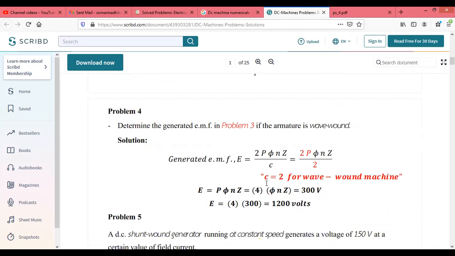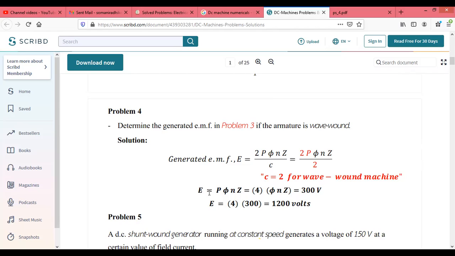And if they are giving us the same third equation, only the armature is wave wound, at that time you can take C equal to directly 2. There is no need to take C equal to 2 into P. You are supposed to note this point, because if armature is wave wound, you can take C equal to 2, and if armature is lap wound, you can take C equal to 2P.